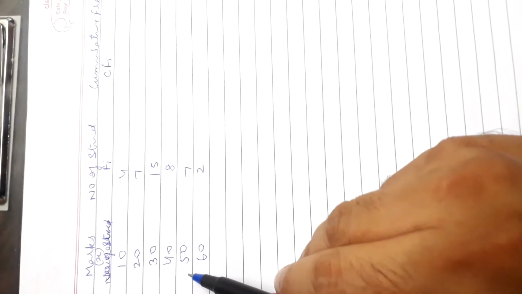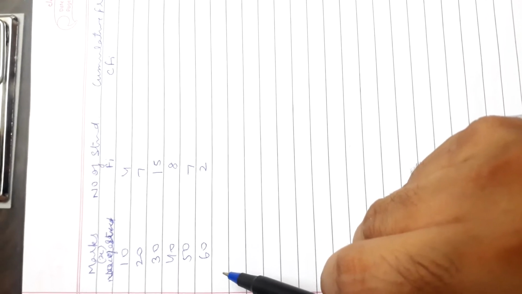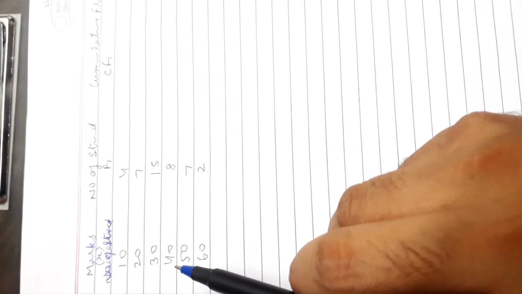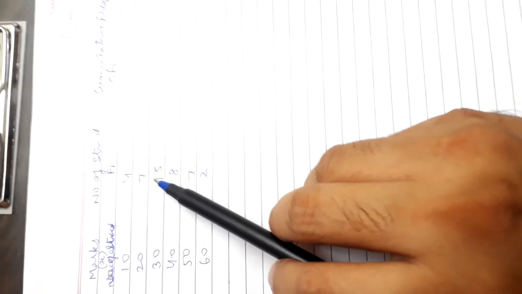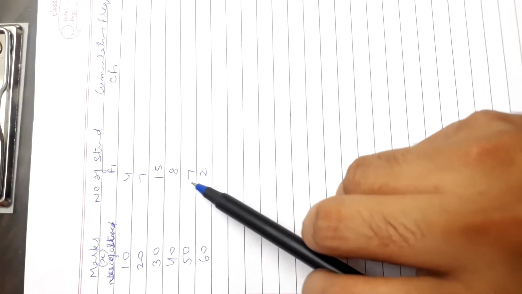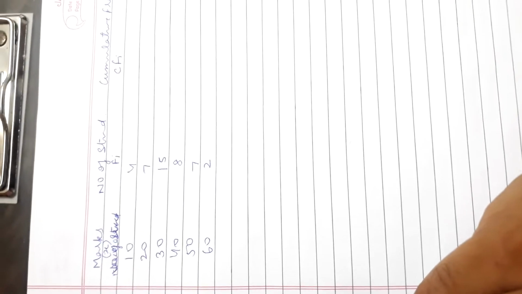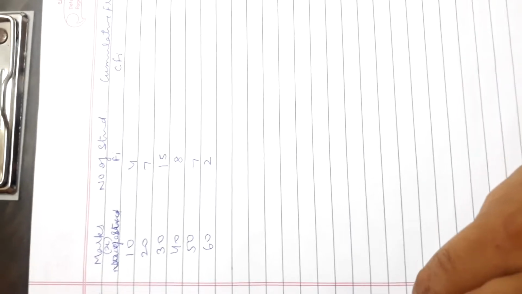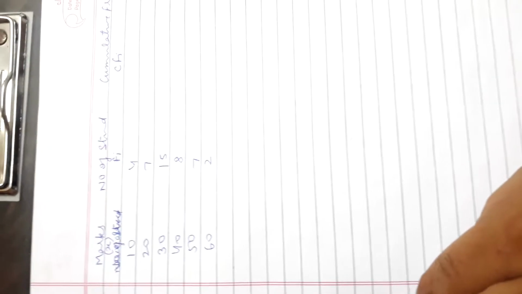Marks are given as 10, 20, 30, 40, 50, 60. Number of students, that is frequency, is given as 4, 7, 15, 8, 7, 2. This is a discrete series.